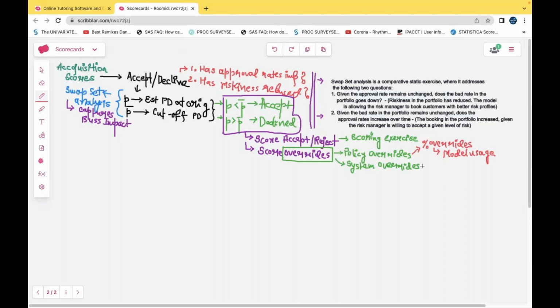Let's take this case of Premier by Wealth. A Premier by Wealth account is less than 1% of the total portfolio. So if your model is scoring those accounts, it would be a reject, and then given the system, it would be an accept. So ideally your model should not enter.